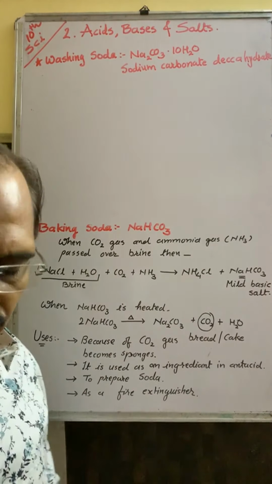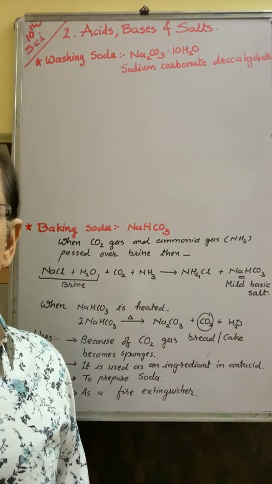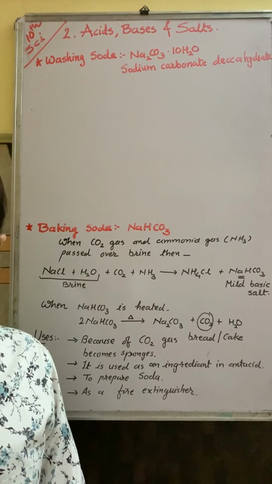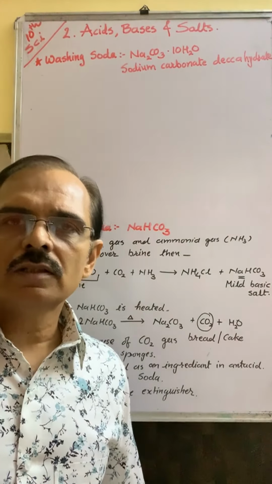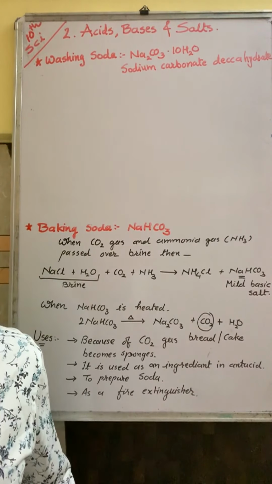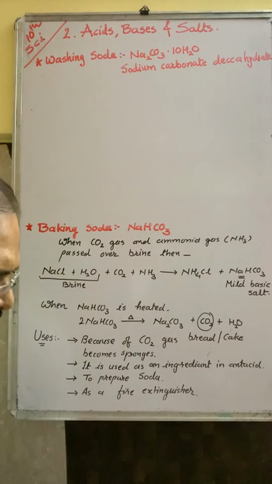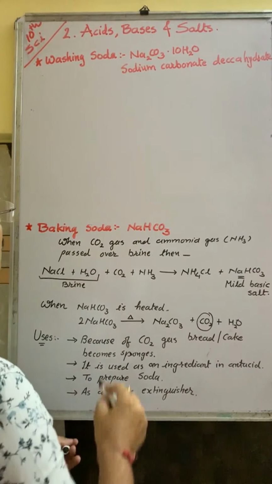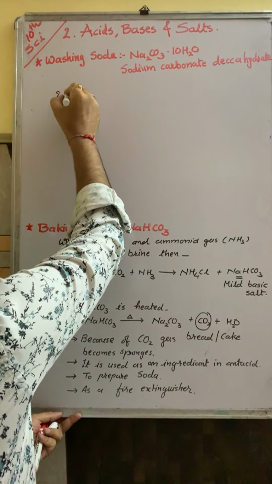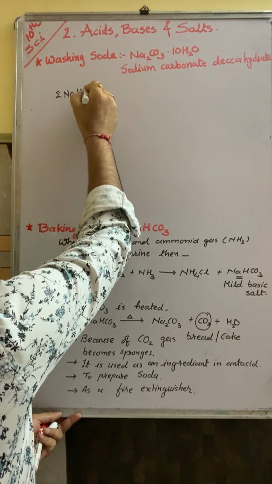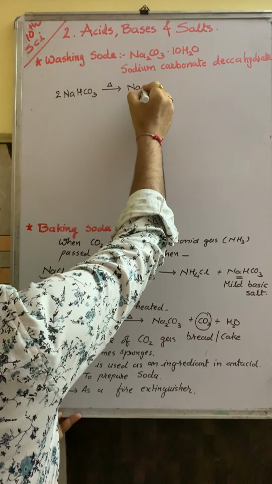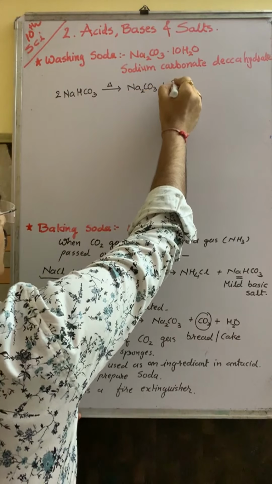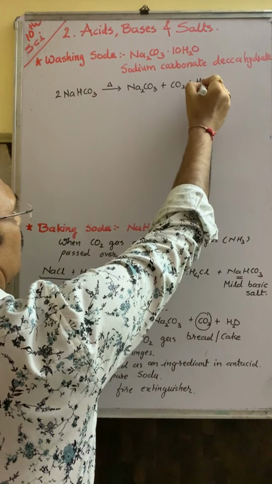See, in this reaction we see that when sodium hydrogen carbonate is heated, then sodium carbonate, carbon dioxide and water vapor are produced. Okay, so when 2 NaHCO3, sodium bicarbonate, is heated, then sodium carbonate, Na2CO3, carbon dioxide and water are formed.